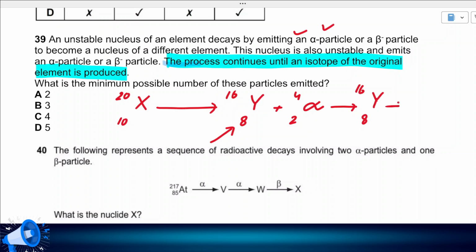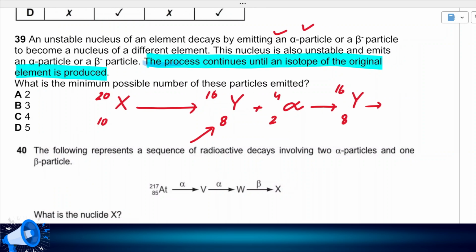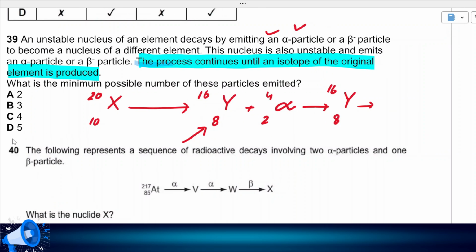is, once again, this one undergoes another decay, and in this case beta particle is released. So let's say it is now converted into Z. So if we have beta particle released, beta negative, because they said it releases alpha or beta negative particle.